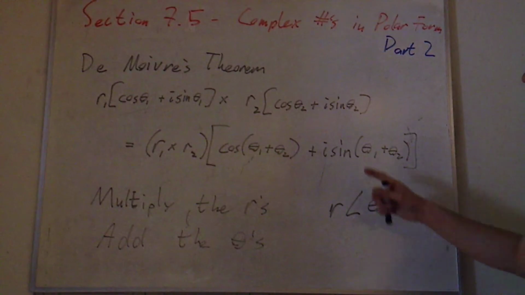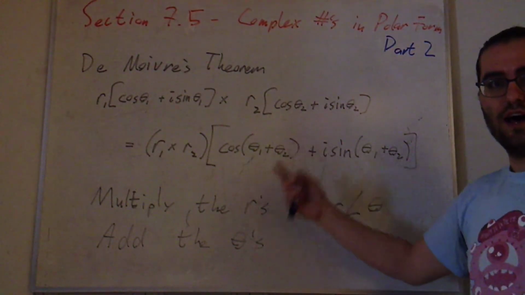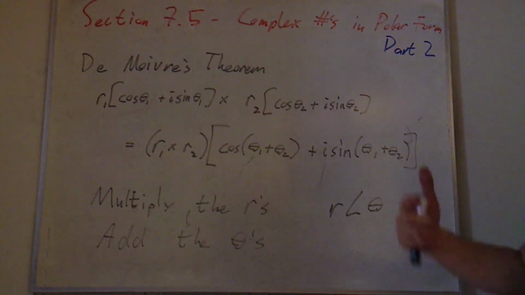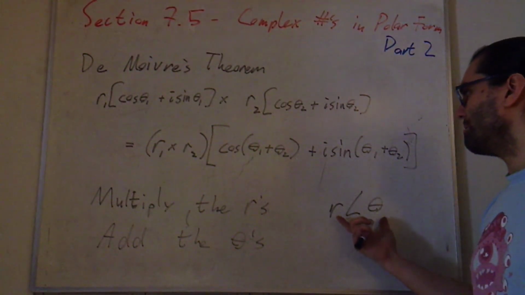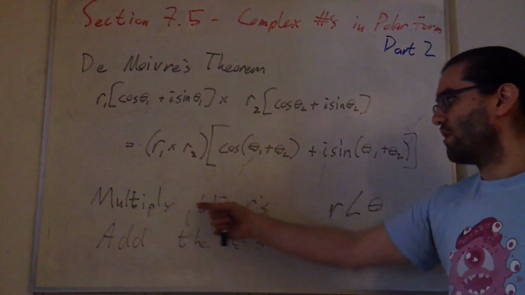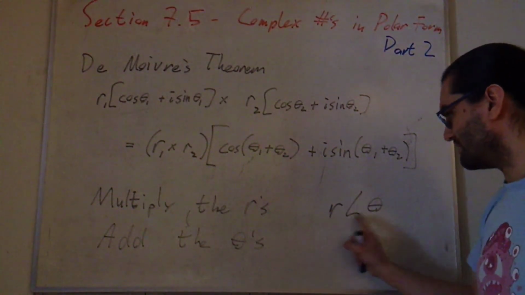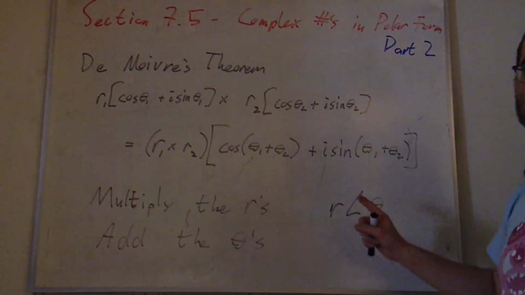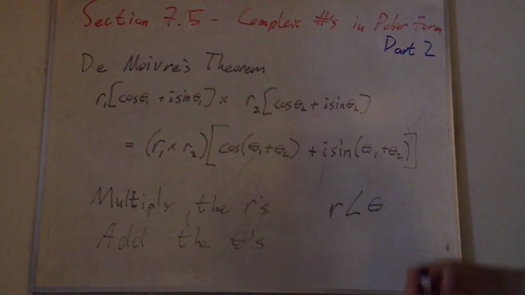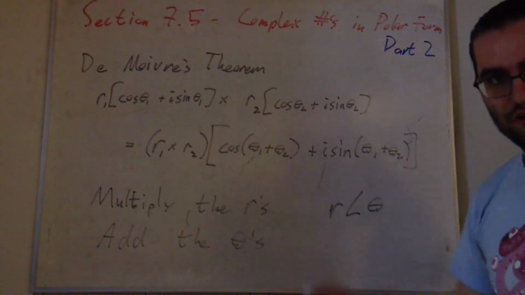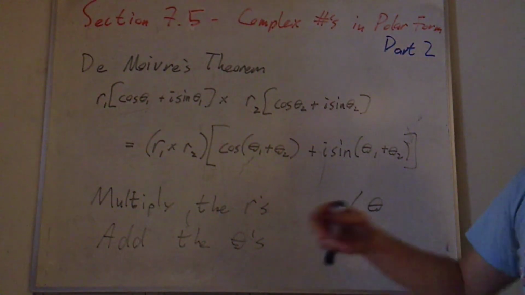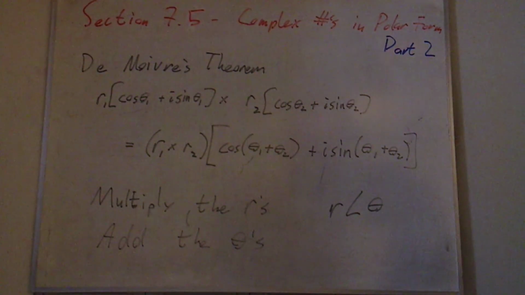But complex numbers get invoked a lot in electricity and electrical engineering, and being able to multiply them together using de Moivre's theorem, where you just multiply these numbers and add these numbers, is much, much, much easier than having to do FOIL every time and then simplify the i squared term into a negative real term and then combine your like terms.